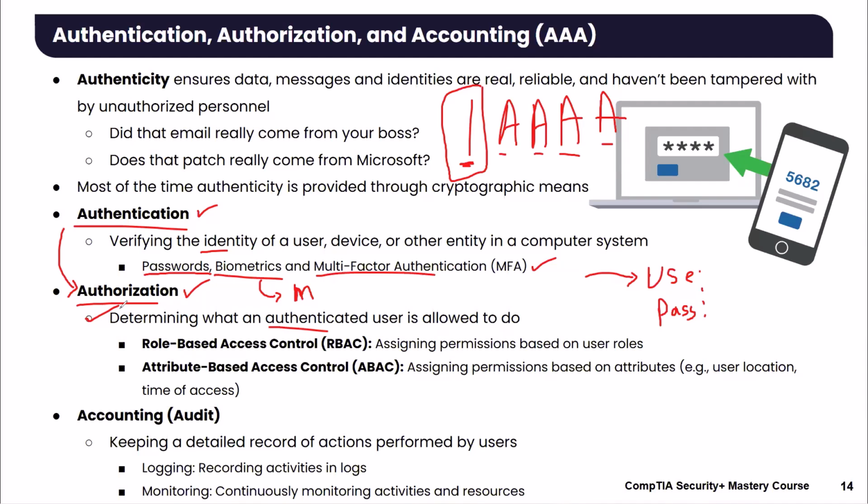You are not authorized to do that. Yes, I did authenticate you. I welcome you to my house, but that does not mean you're authorized to do anything you want. That's the same thing with these computer systems. Just because you're signed in, it doesn't mean you should have access to everything else. So we're going to authorize you to have access to certain things.